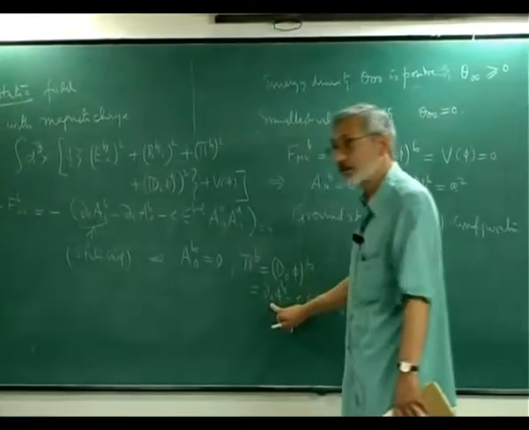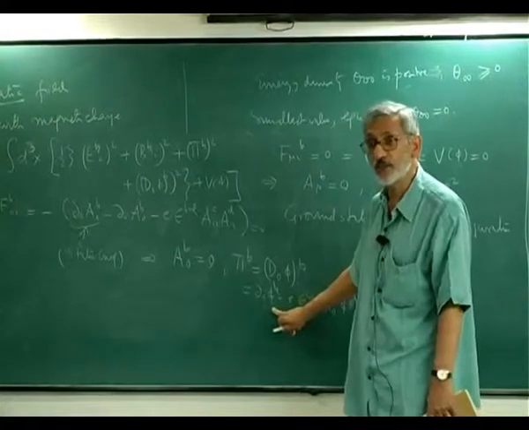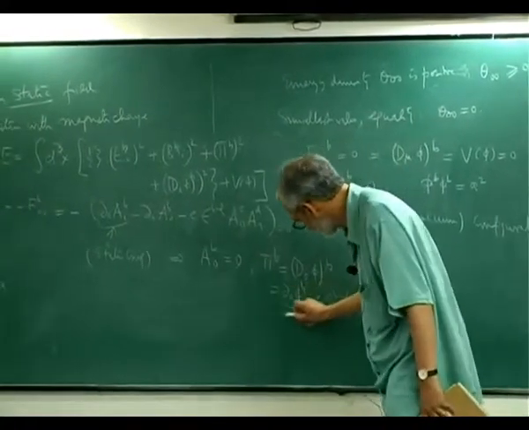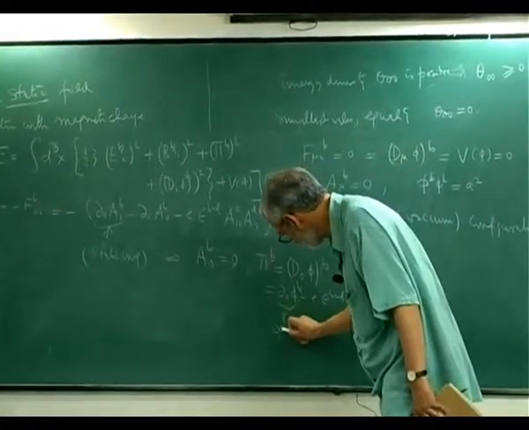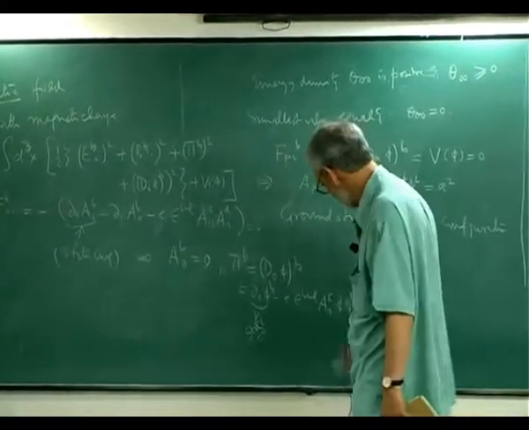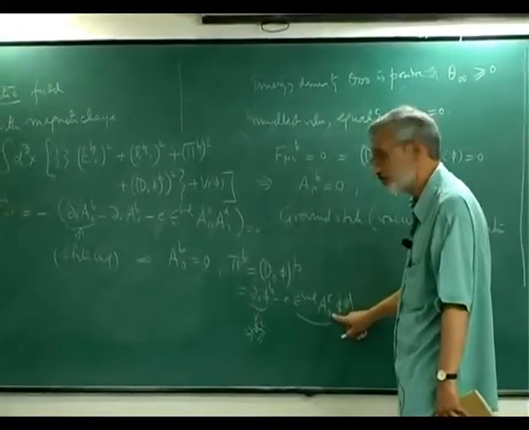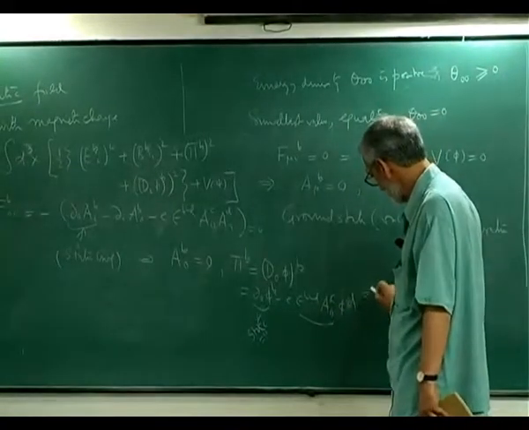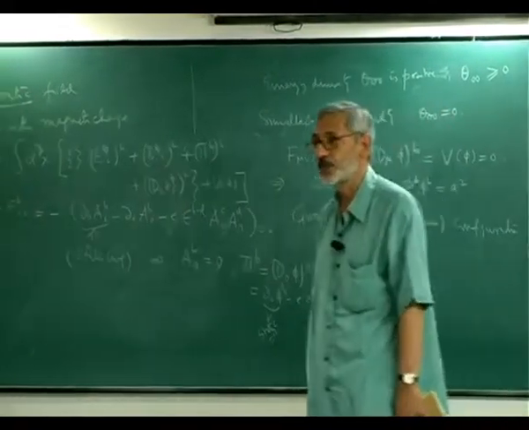Now we just think of static configurations, so this is 0 because of static configurations. This is 0 because A_0 is 0. So pi is 0 for such configurations.